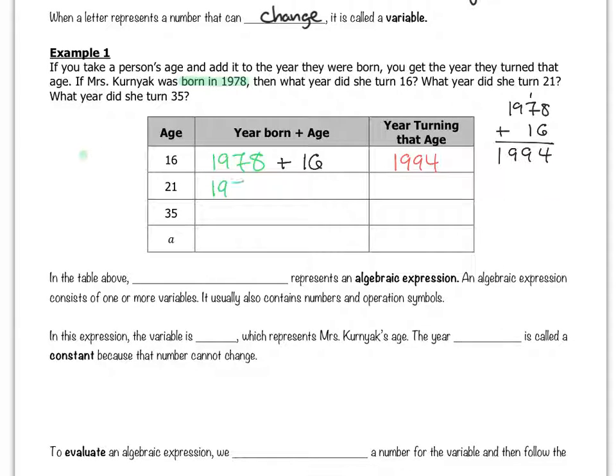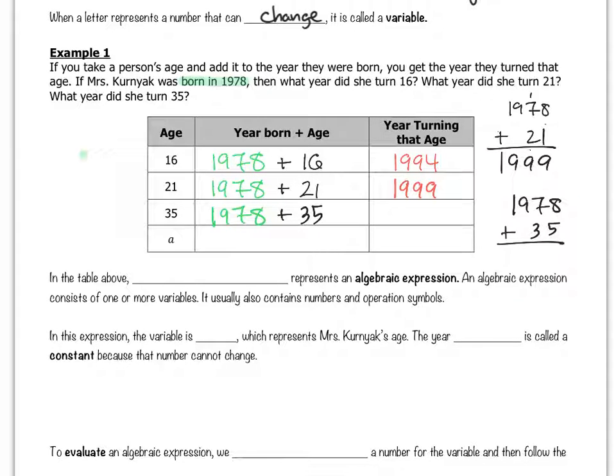Well, we could take the year she was born, and add the age 21 to 1978, and if we do that, we get 1999. We could do the same thing for 35. If Mrs. Kerniak was born in 1978, then we add that year with 35. And we get 2013.